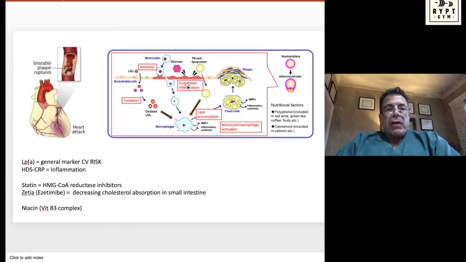So let's look here. Our endothelial cells are the cells that line our blood vessels. Notice that glucose or sugar and lipoproteins such as LDLs can damage our blood vessels. Sugar circulating around is a bad guy, so that's why we want complex carbohydrates.